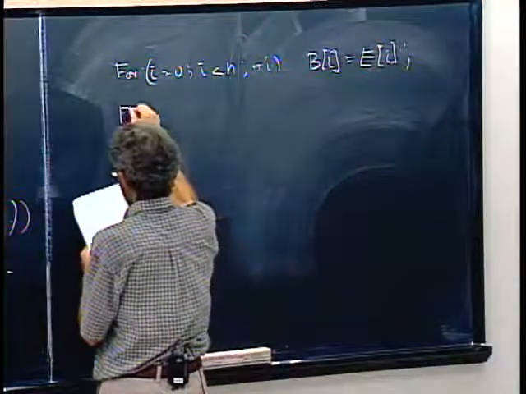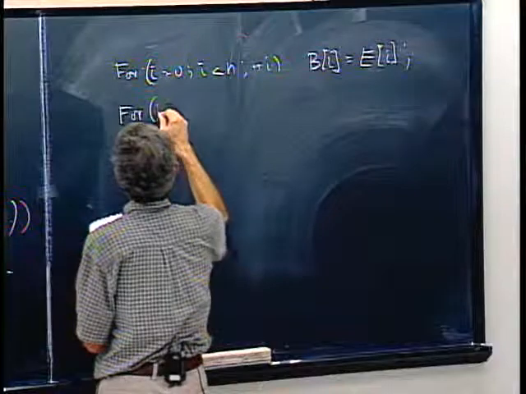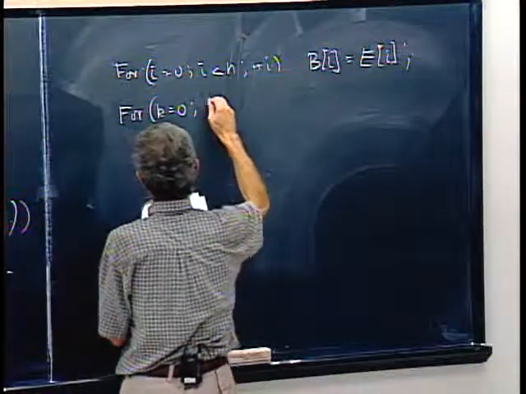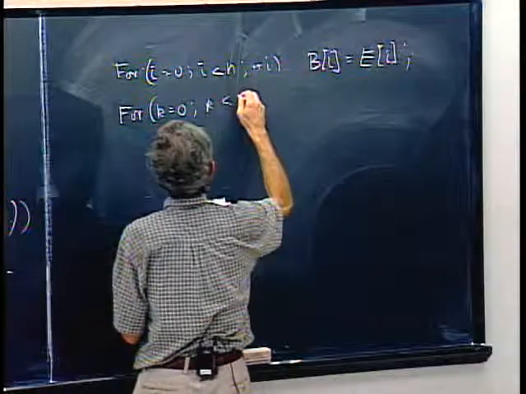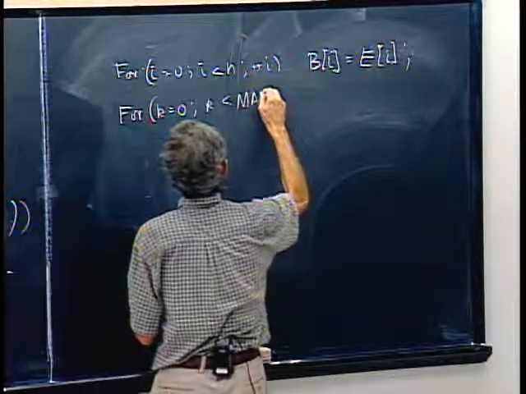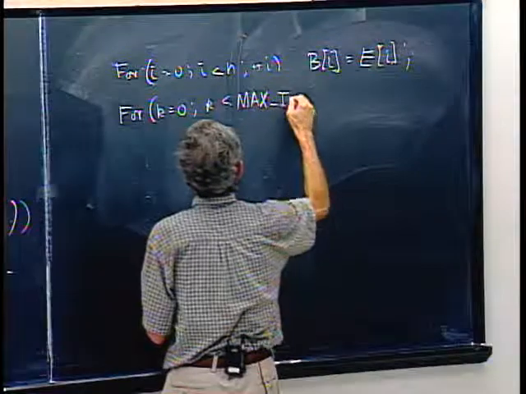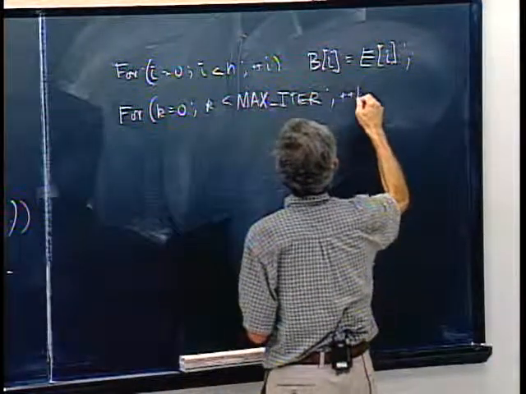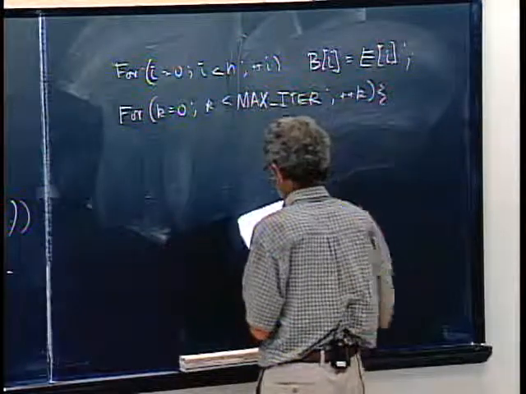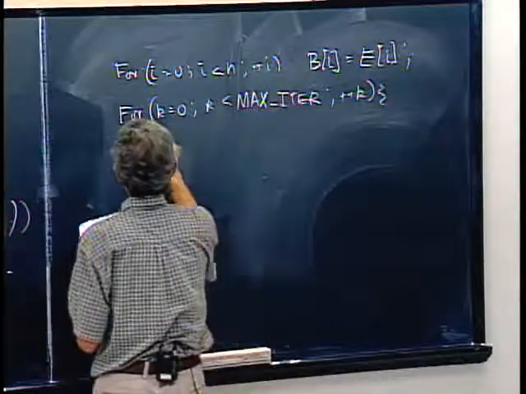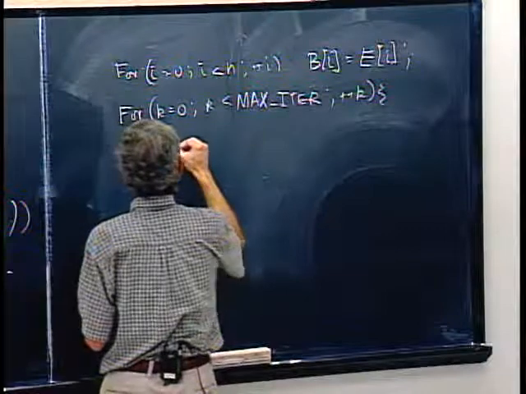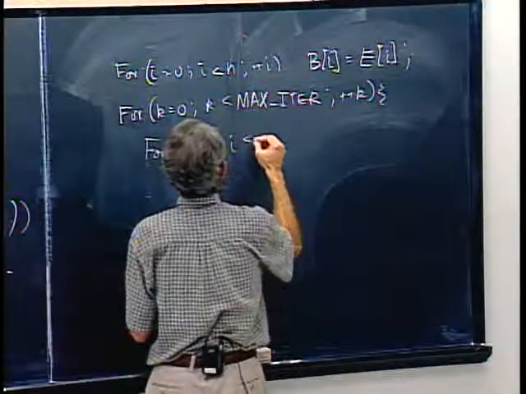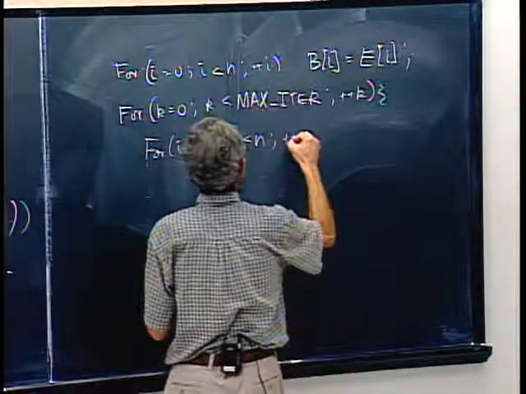And then for the number of iterations, k less than, say, max iterations. And now I'll just say for each patch, i, n is the number of patches.